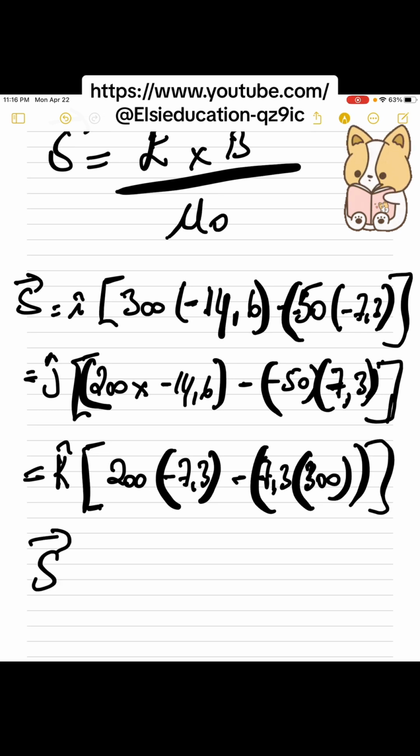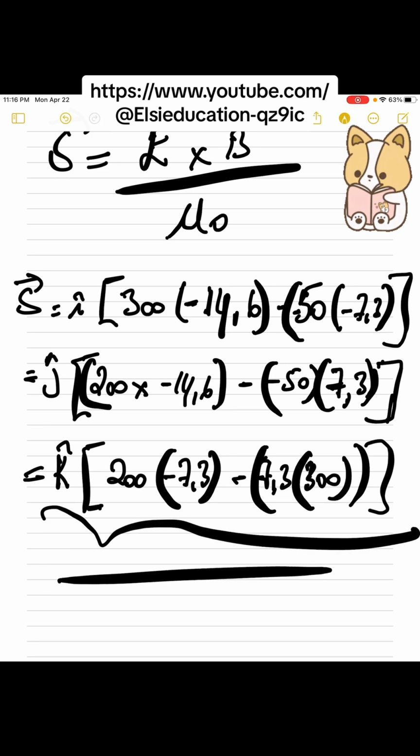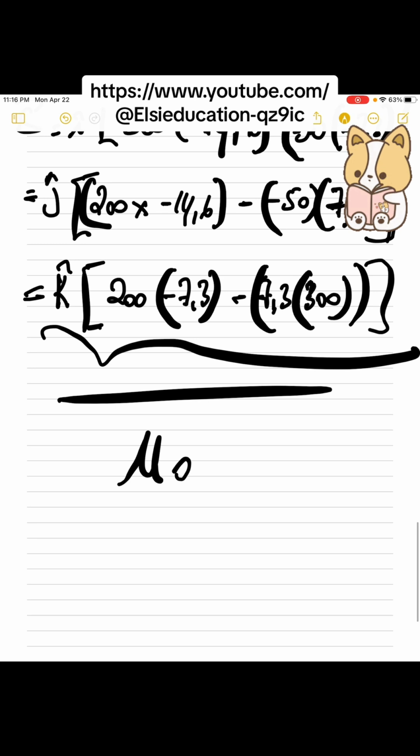So the S vector will be equal to... don't forget that the whole thing here is divided by the constant.